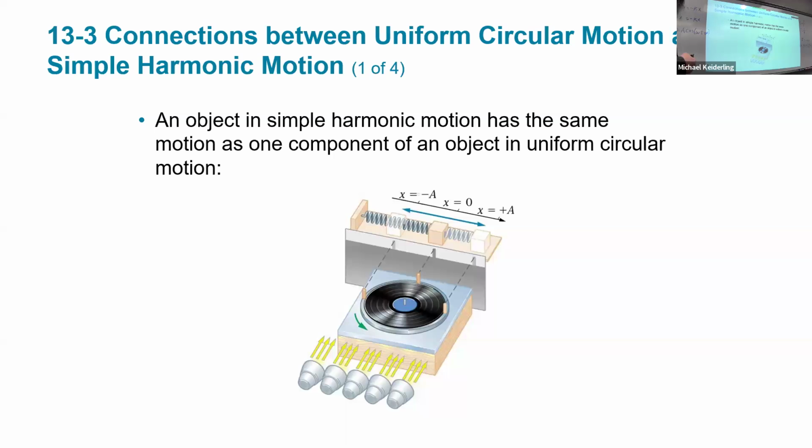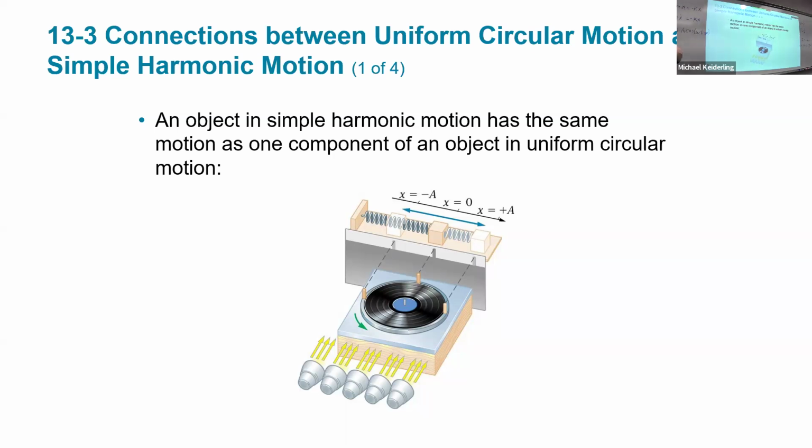The reason we're using omega, which you might be reminded of from our previous material, is that an object in simple harmonic motion has the same motion as one component, just the x or the y component, of an object in circular motion.